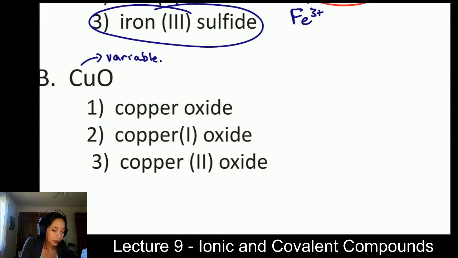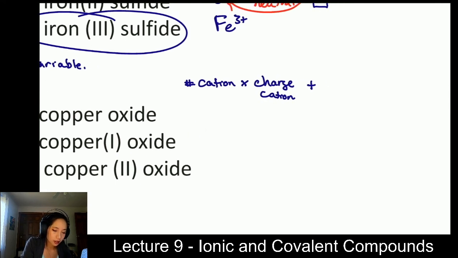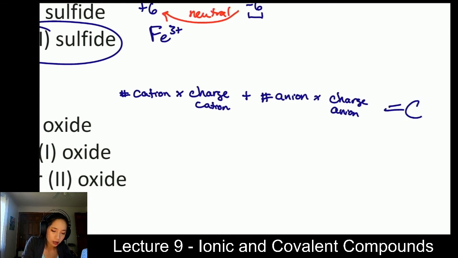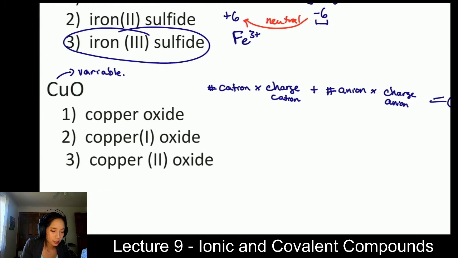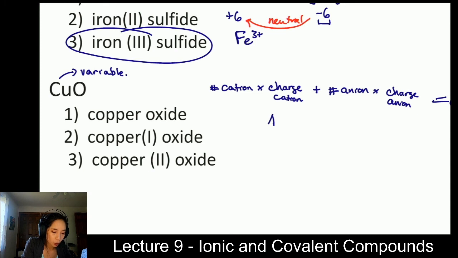So again, number of cations times charge of the cation plus the number of anions times the charge of the anion must equal 0. So if we go through this, the number of cations here is 1.